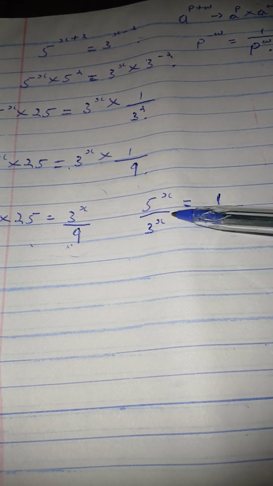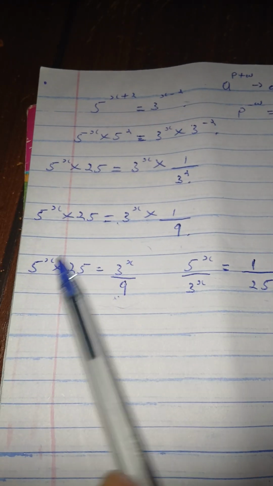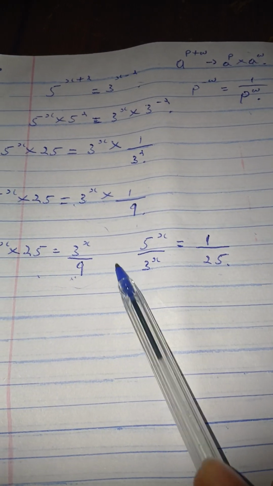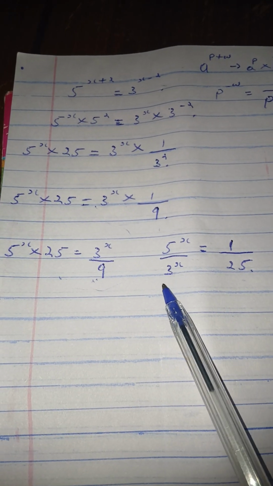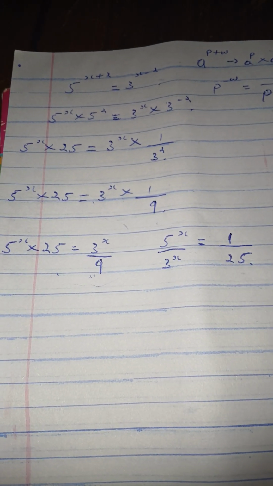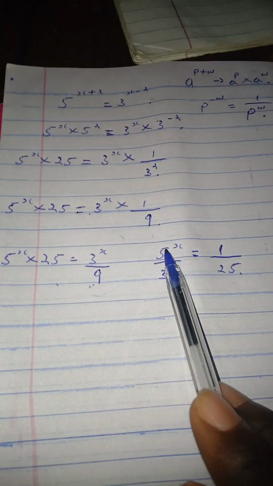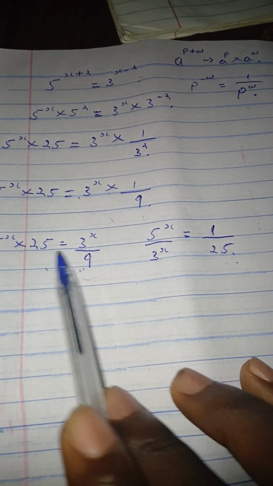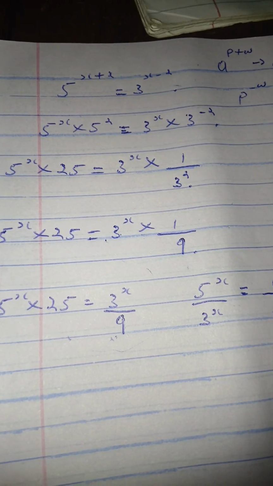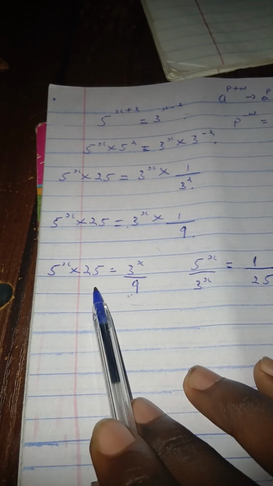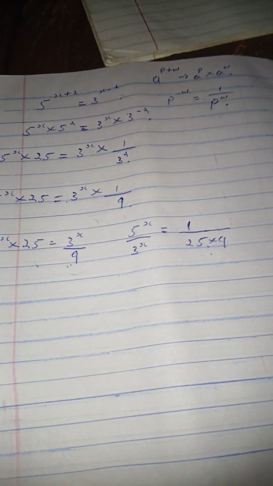This is the same thing as this, because if you cross multiply, 5 to the power of x times 25 is the same thing as 3 raised to the power of x times, I made a mistake. Okay, sorry. So this is the same thing as 5 raised to the power of x times 25 times 9. Sorry, this should be times 9. I hope you understand. So this should be times 9. Can you see? This is the same thing as this.